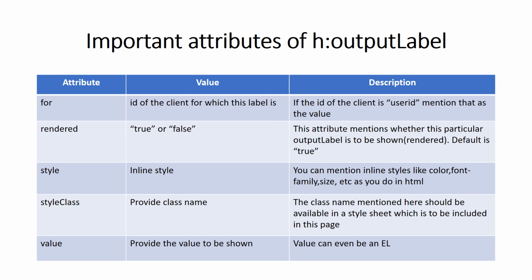We gave a color of blue for the label. We discussed styleClass, how to define the class, how to define the library, and how to put it under the resources, and how to use the style sheet within the XHTML page.